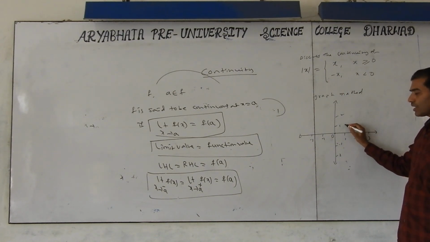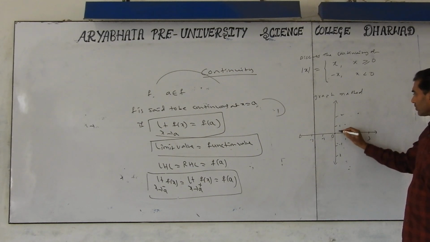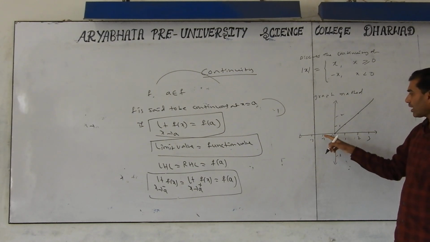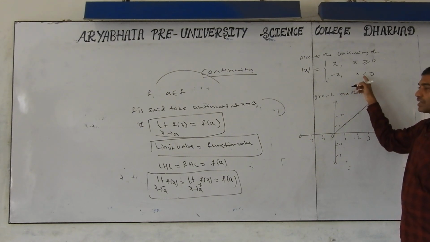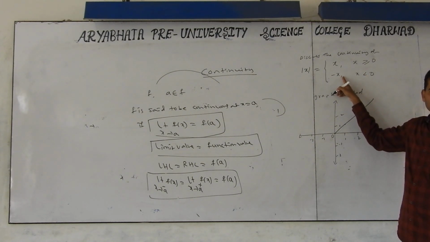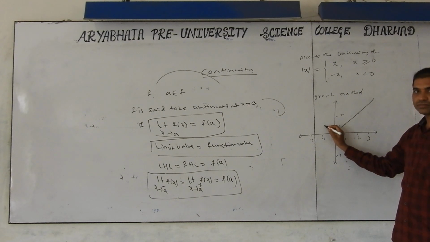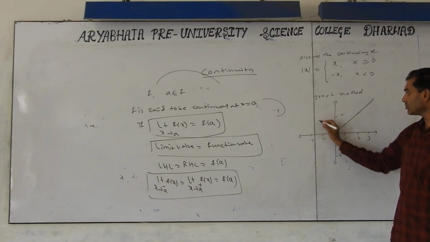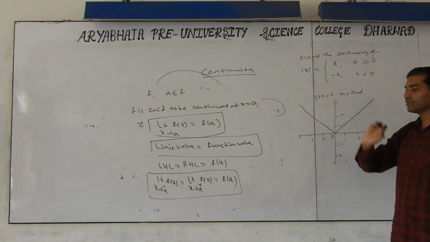Mod 1 is 1. Mod 2 is 2. Mod minus 1: put x equal to minus 1, minus of minus 1 is 1. Mod minus 2 is also 2. So this is a V shape.